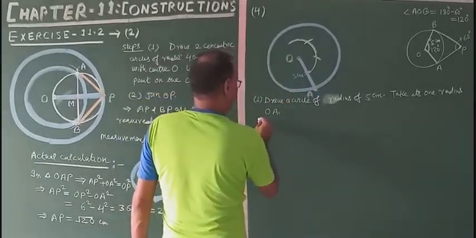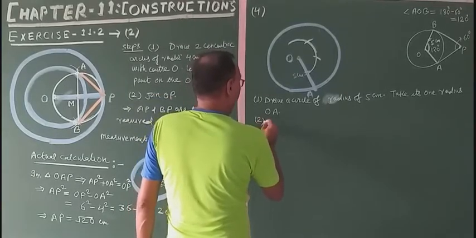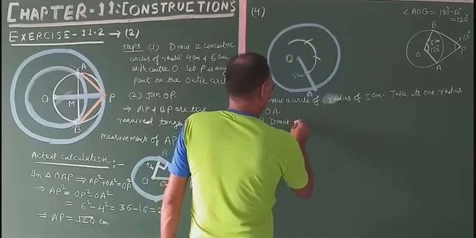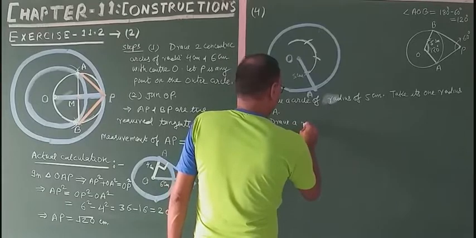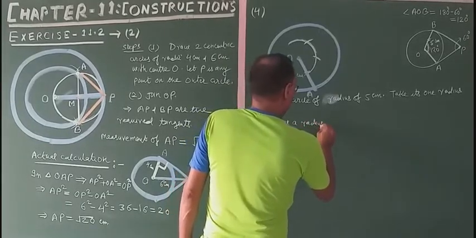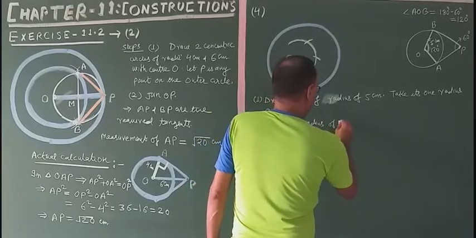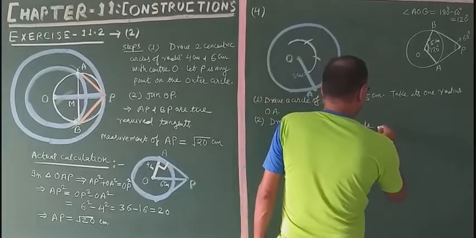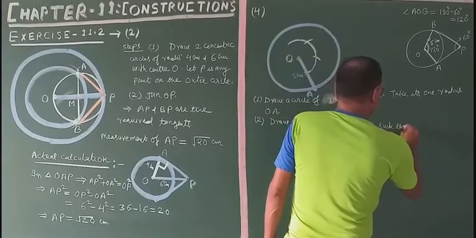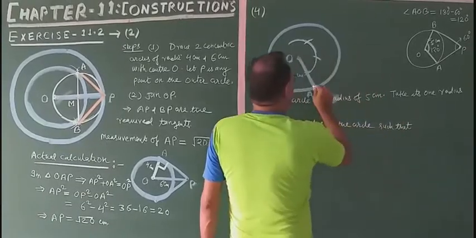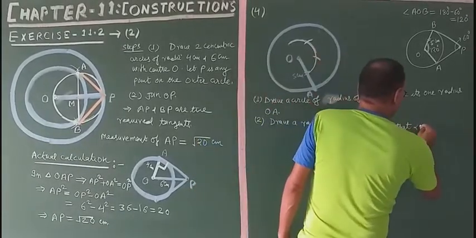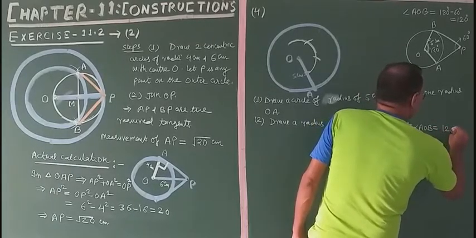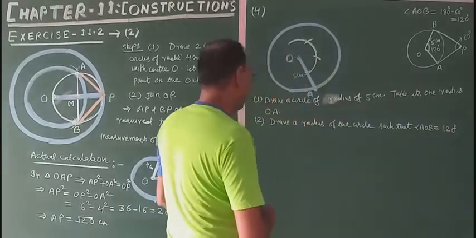Step number second. Draw or construct a radius of the circle such that angle AOB should be how much? 120 degree.